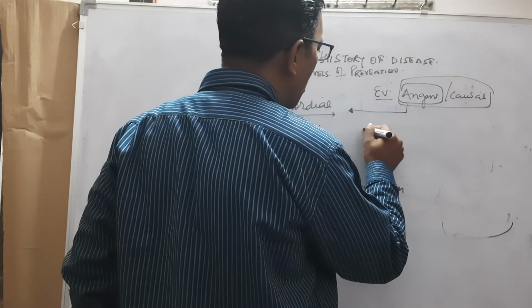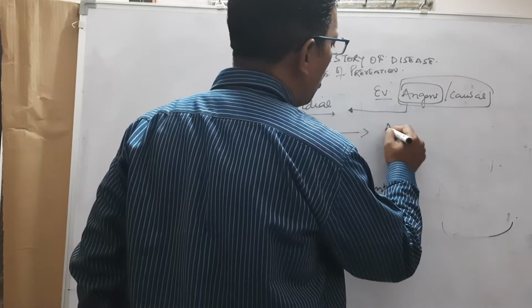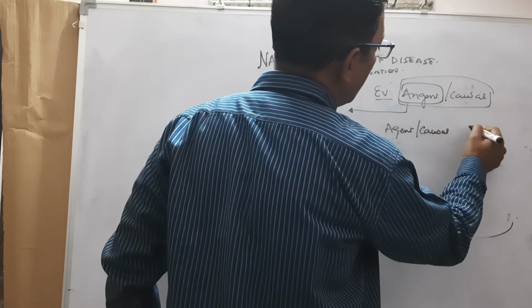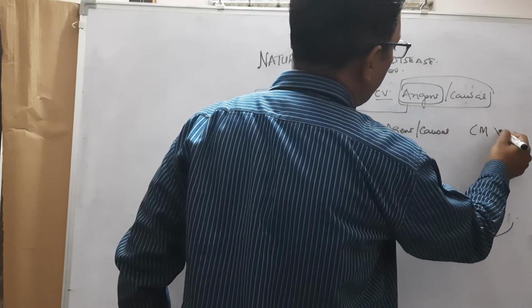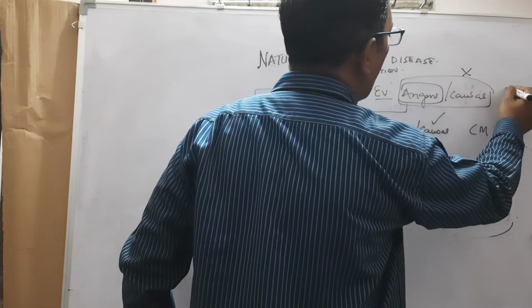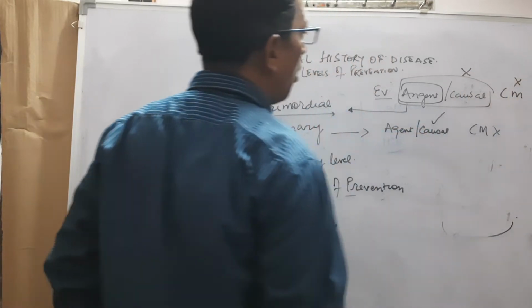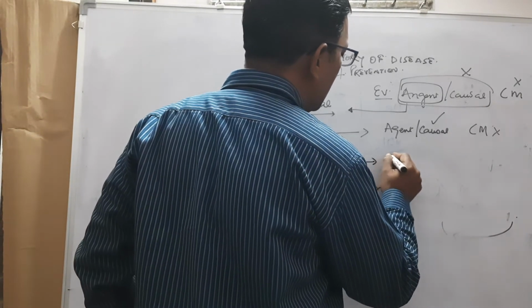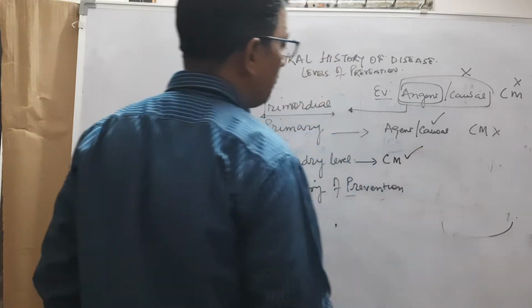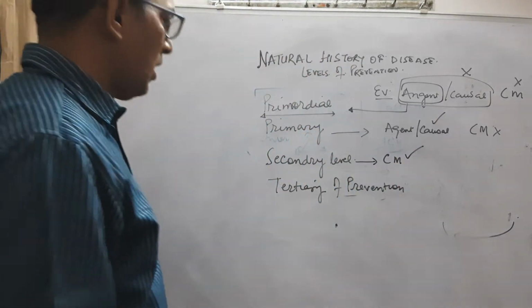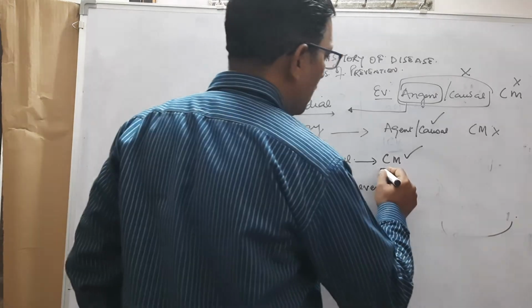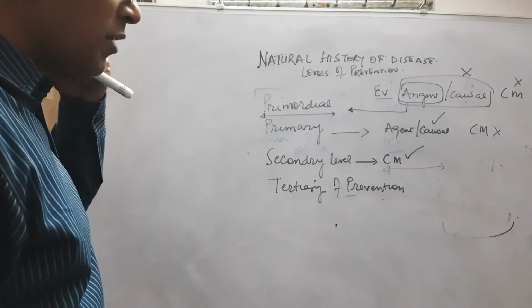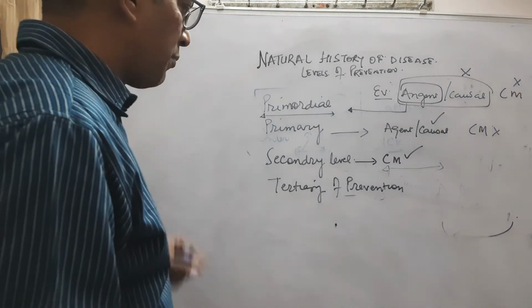Primary is when you have agents or the causal factors present, but you do not have clinical manifestation. At the secondary level you have the clinical manifestations in the form of signs and symptoms, and there when you put an end to or stop the progression, it is known as the secondary level of prevention.